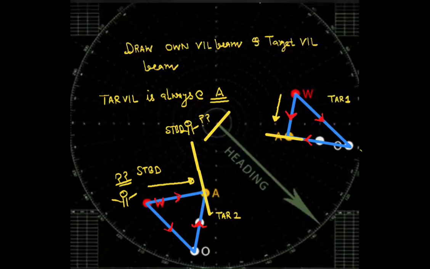Now, the vessel which is target 1, I have drawn a beam. If I extend the beam of that, roughly, I will be at the beam of that vessel or above the beam. Let's make it more precise.